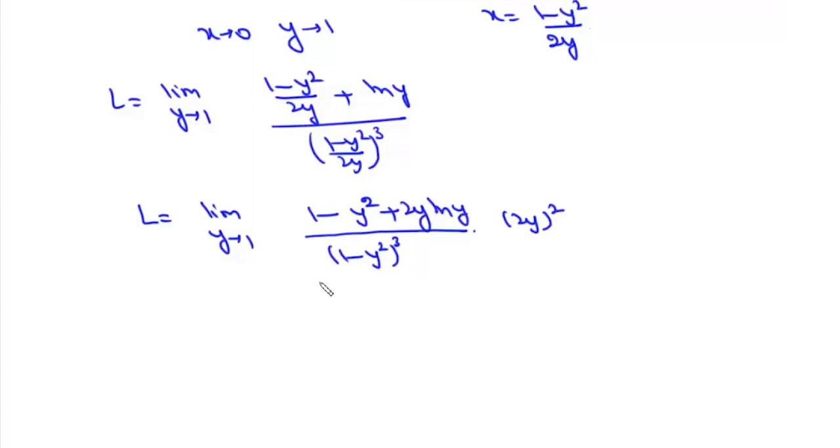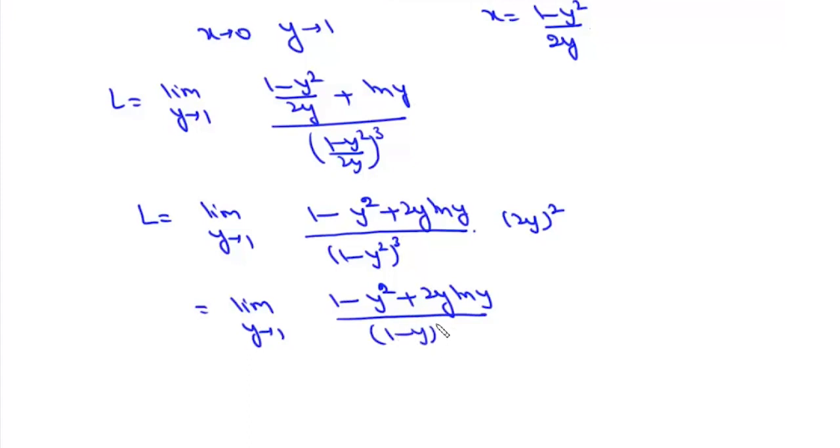Now we can write 1 minus y square as 1 plus y and 1 minus y. So we write this as limit y tends to 1, 1 minus y square plus 2y log y upon 1 minus y cube and 1 plus y cube, and here will be this 2y square. Now we don't have a problem with this because here it is 2 square, which is 4, and here it is 2 cube. So it will be 1 by 2, and this is 0 by 0 form.